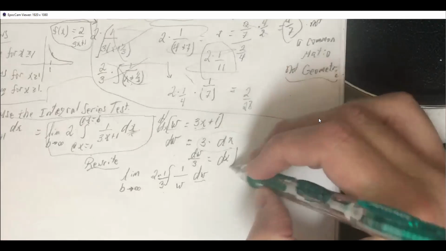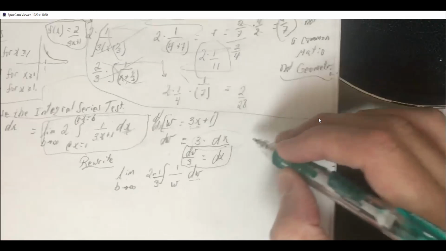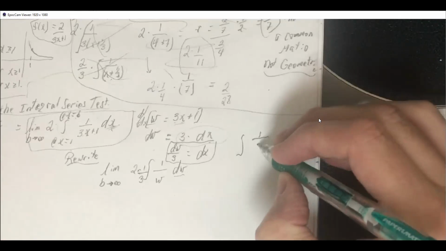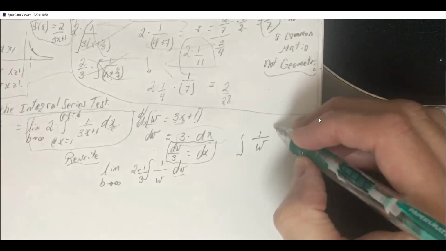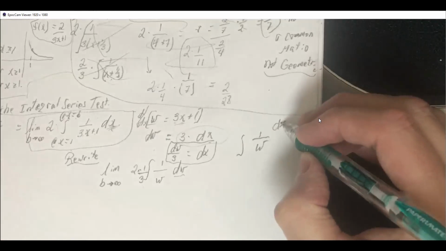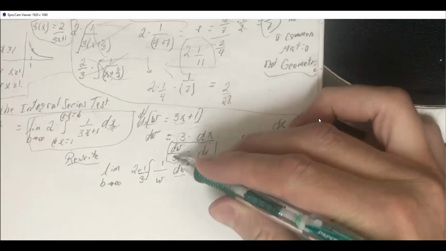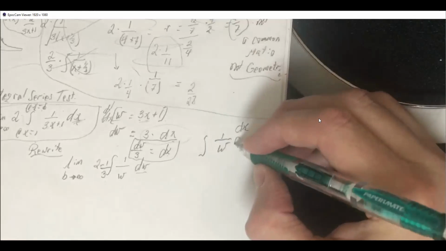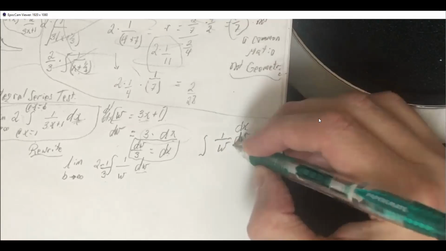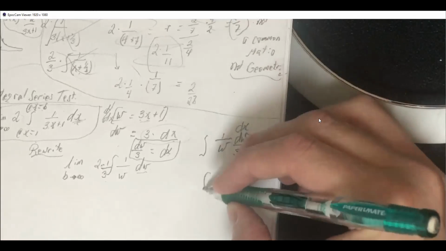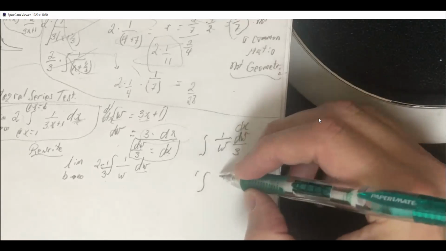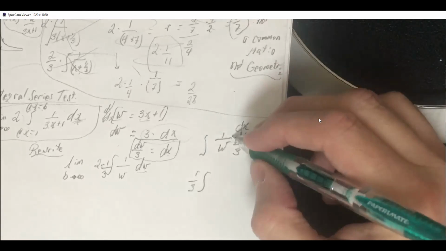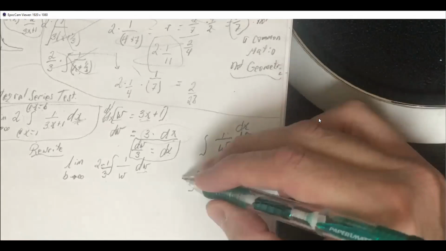And then when you rewrote your integral, you would have 1 over w, and then instead of the dx, you would directly substitute what dx equals, and then you would have dw over 3, and then this 1/3, this division of 3, which is like 1 over 3, you could put out in front as well.